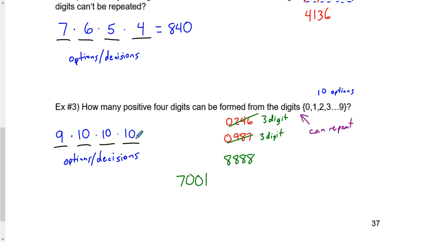All that this fundamental counting principle is saying is those are the options that we have. In reality, we have 9,000 4-digit numbers, which is actually true, because you'd have to start at 1,000 and go all the way up to 9,999, which is 9,000 numbers.